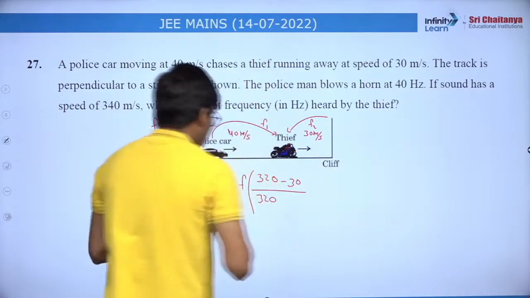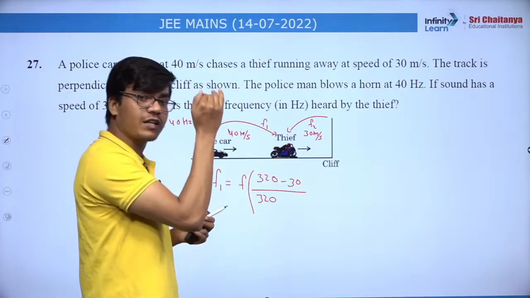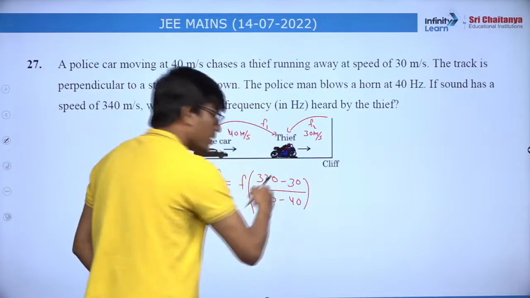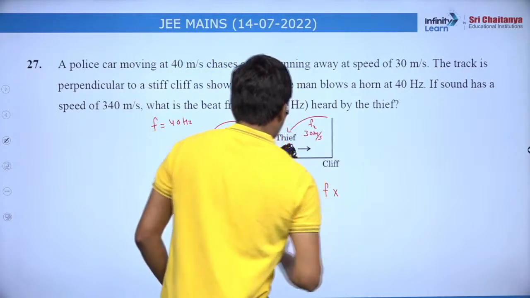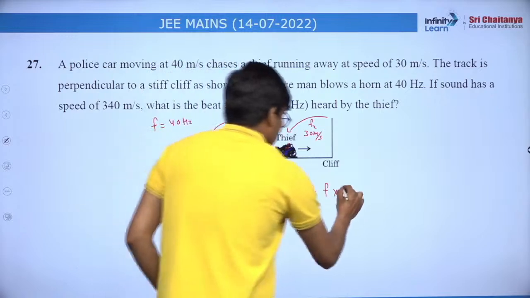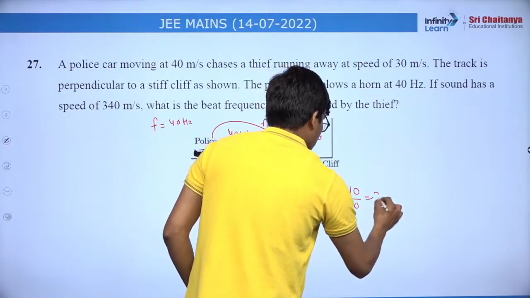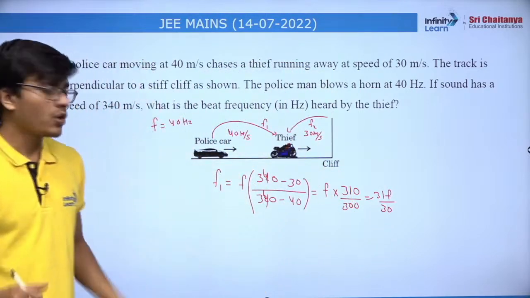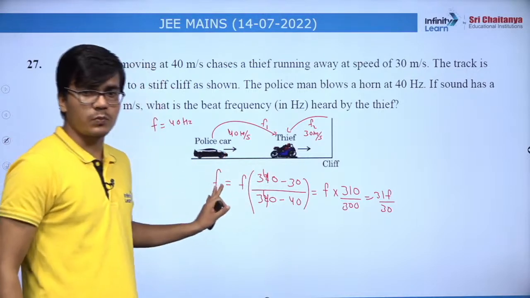Speed of sound, the source is coming nearby, so the frequency should increase, and if it has to increase, in the denominator it has to be minus, then only it will increase, right? So F into, I guess it is not 320, it is 340, so it is 310 upon 300, so 31F by 30. This is the first frequency which this person will hear directly from the policeman's horn, right?